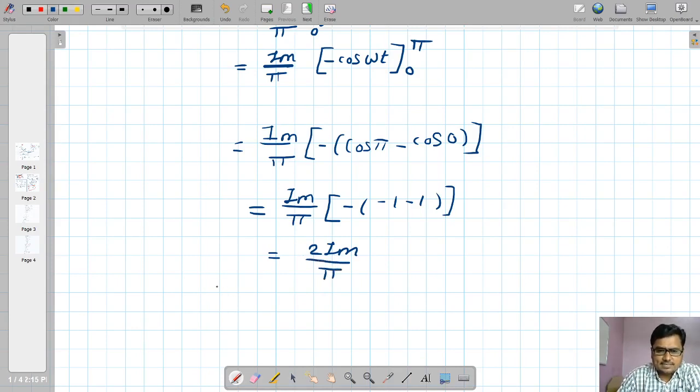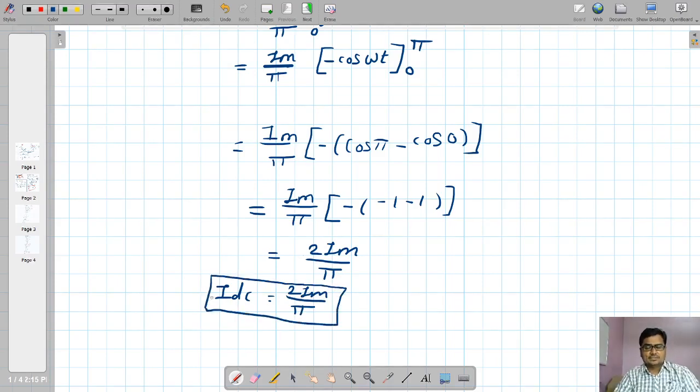So IDC is equal to twice Im divided by pi. This is the final equation: the minus becomes plus, giving twice Im by pi. This is the actual equation for IDC, that is, the average current for full wave rectifier.